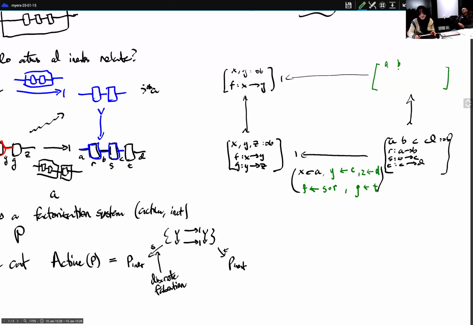So they are the objects, OB. And we have RS.